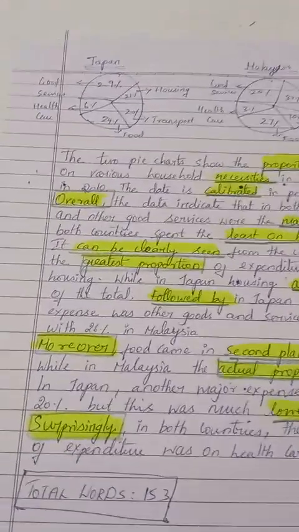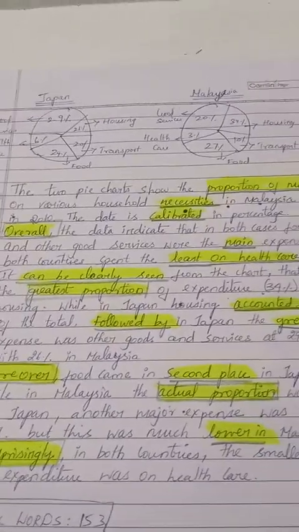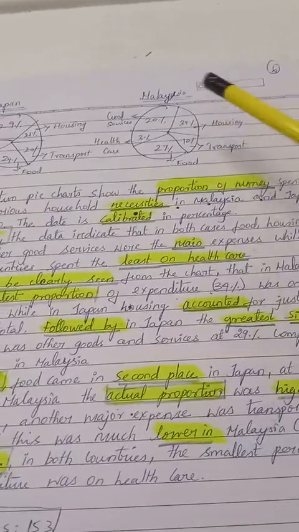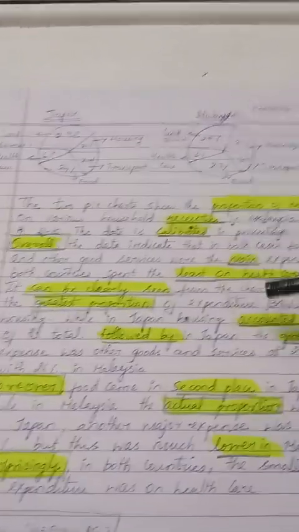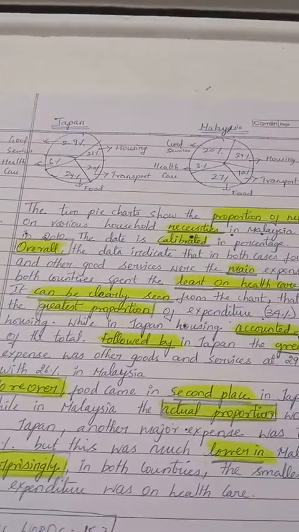So I'm starting the paragraph. It can be clearly seen from the chart that in Malaysia the greatest proportion of expenditure, 34%, was on housing, while in Japan housing accounted for just 21% of the total.